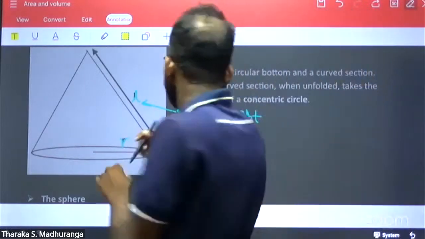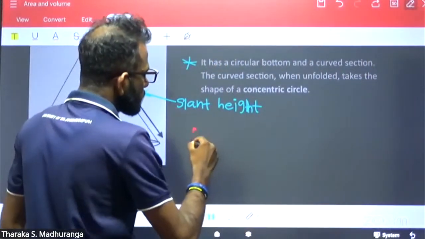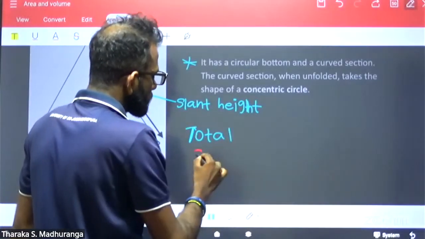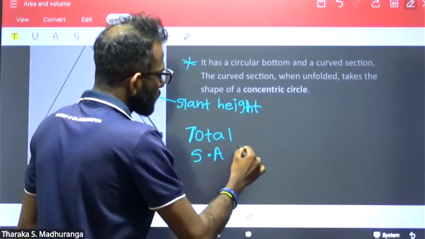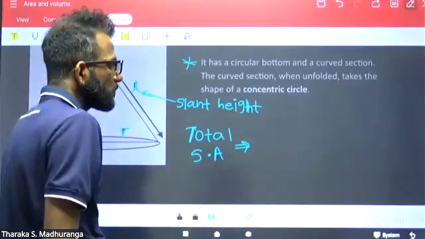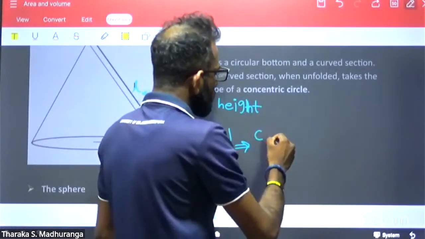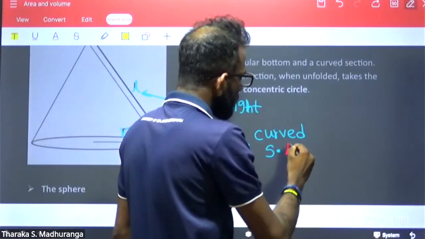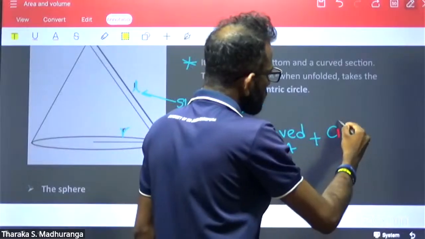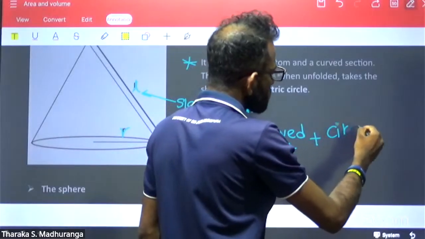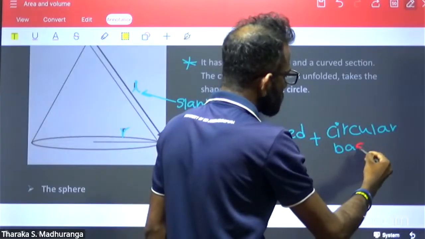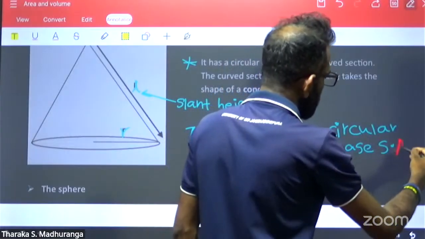Then get the total surface area. The total surface area equals the curved surface area plus the circular base surface area.